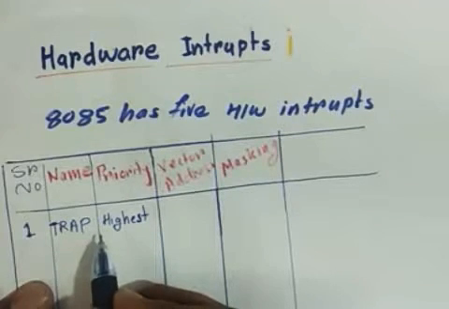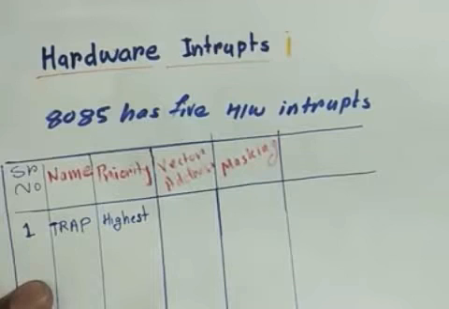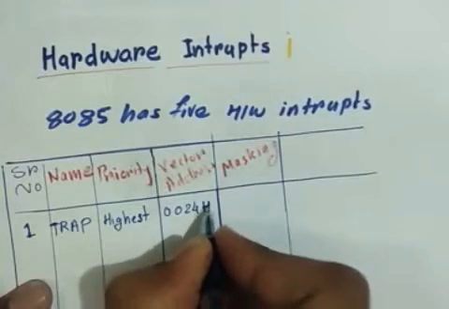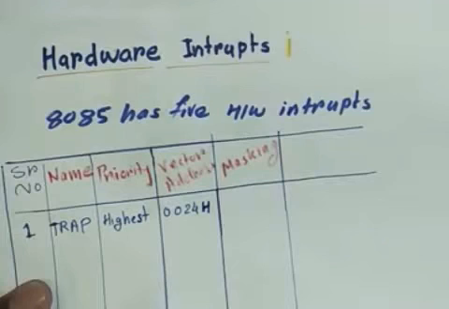Now the vector address for this interrupt is fixed. This is 0024H. As we have seen in the case of the non-vectored interrupts, that is RST0 to RST7, the vector address is provided by the external device, and there is a spacing of 8 between the addresses.